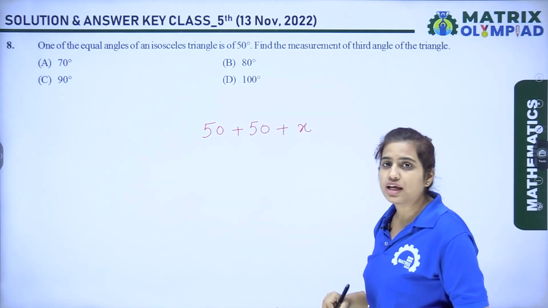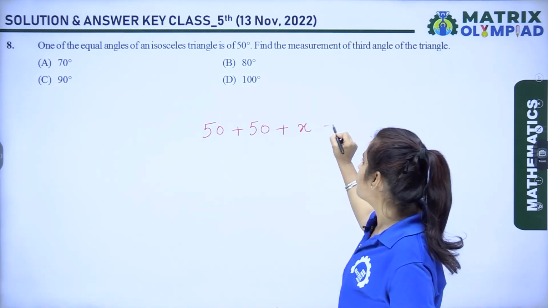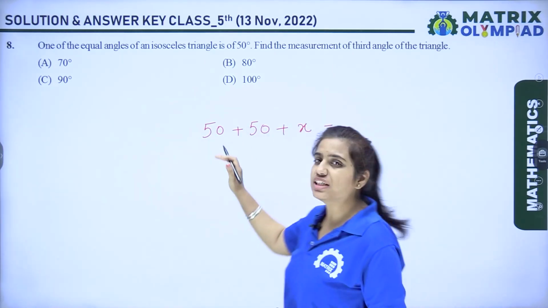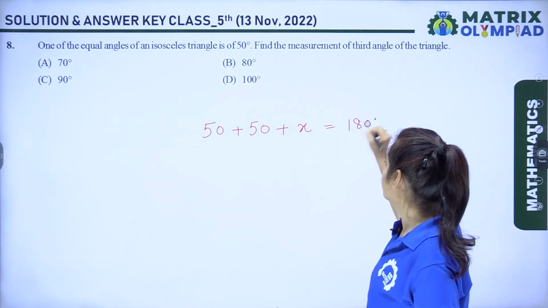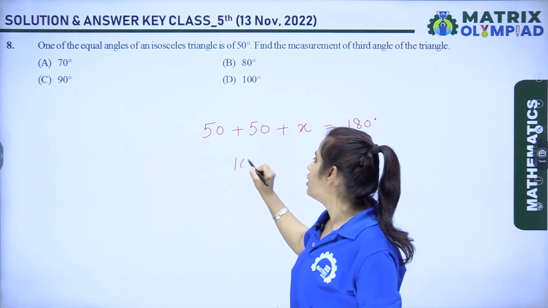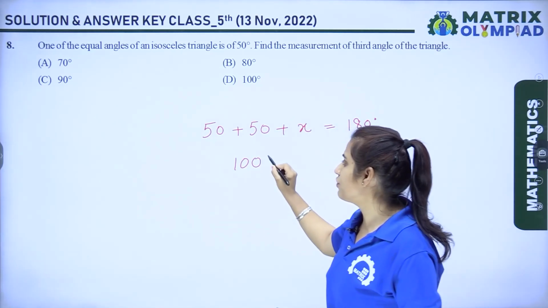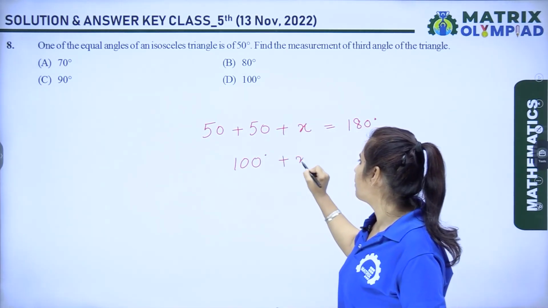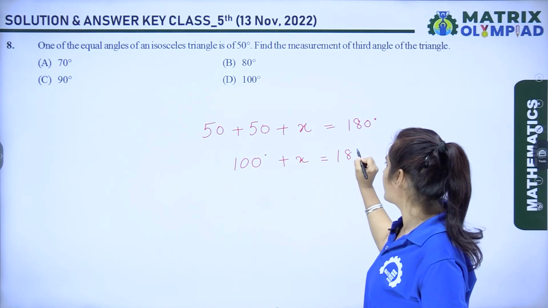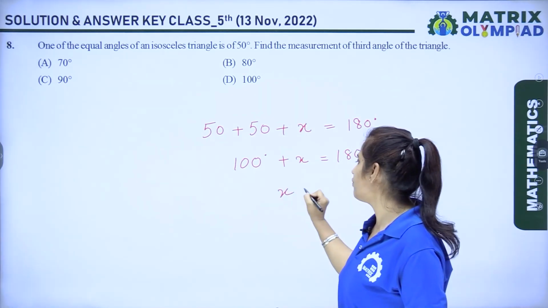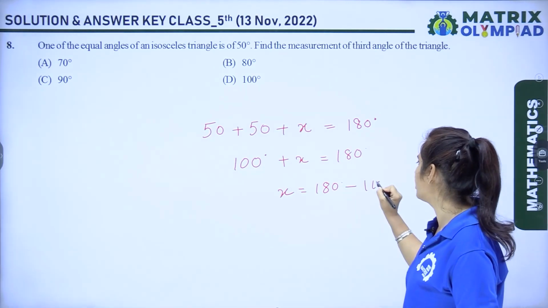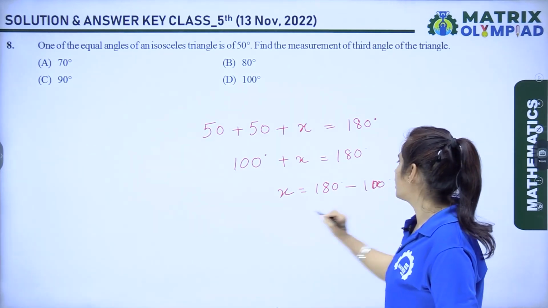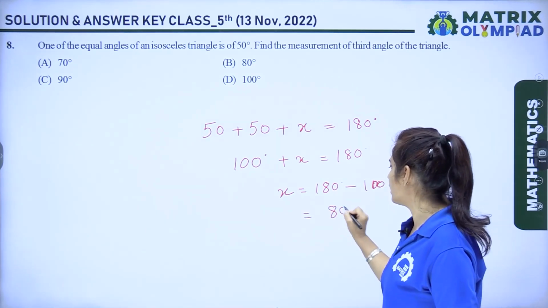So let it be x. Now applying the angle sum property, we can say that the sum of these 3 angles is equal to 180 degree. So here after adding 50 plus 50 we get 100 degree, plus x, that is equal to 180 degree. So the value of x is equal to 180 degree minus 100 degree, that is equal to 80 degree.